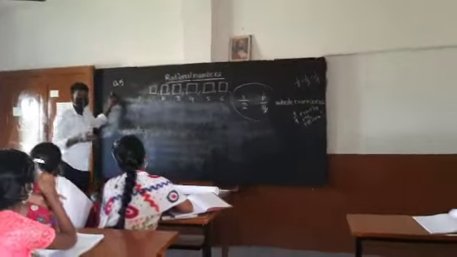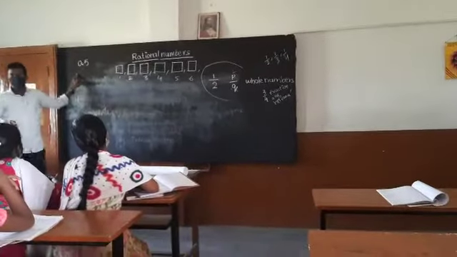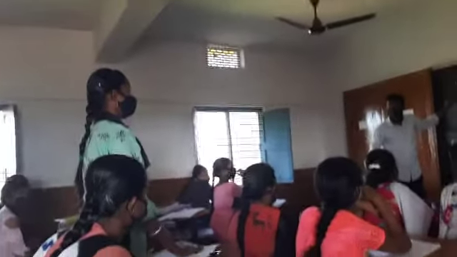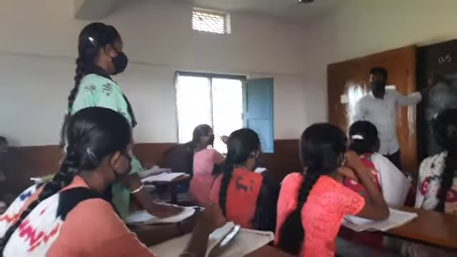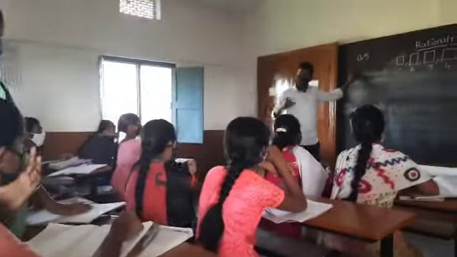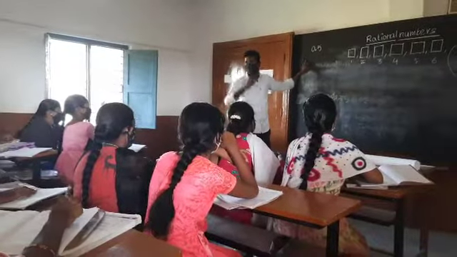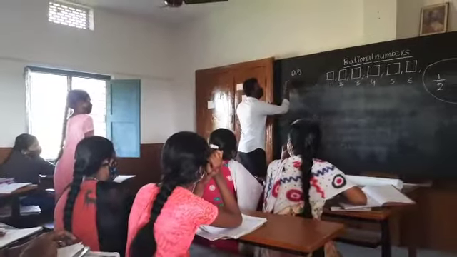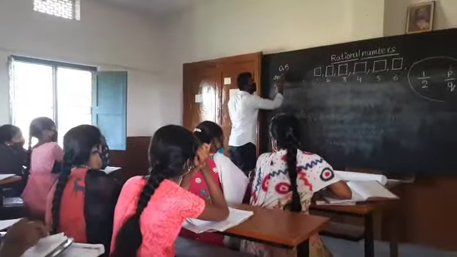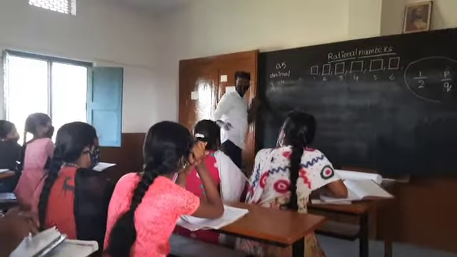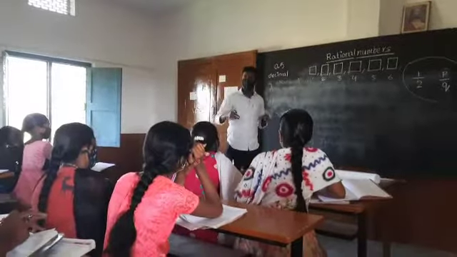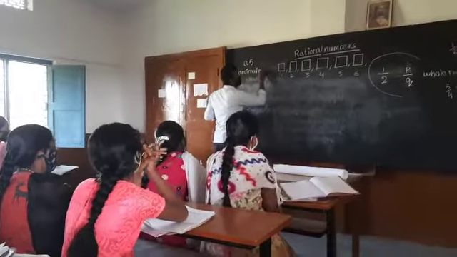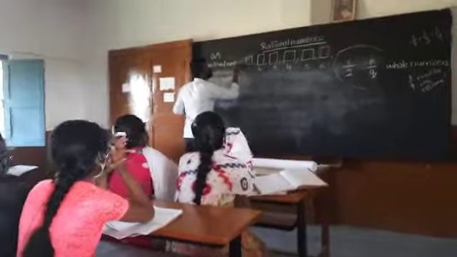No problem. You are approaching the rational numbers. Decimal number. Very good. This is a decimal number. I did not deny your answer. You are correct. Everyone will agree with your answer. Decimal number.